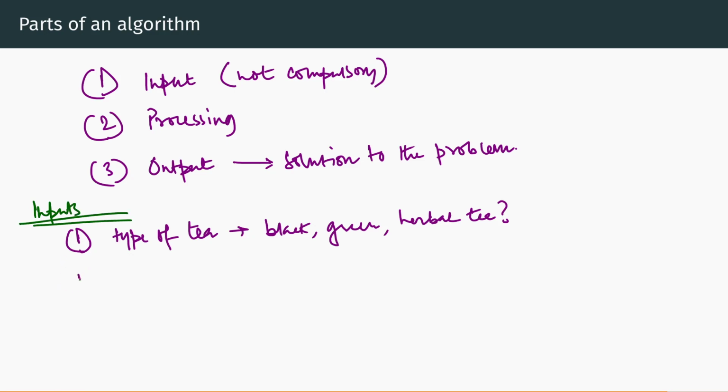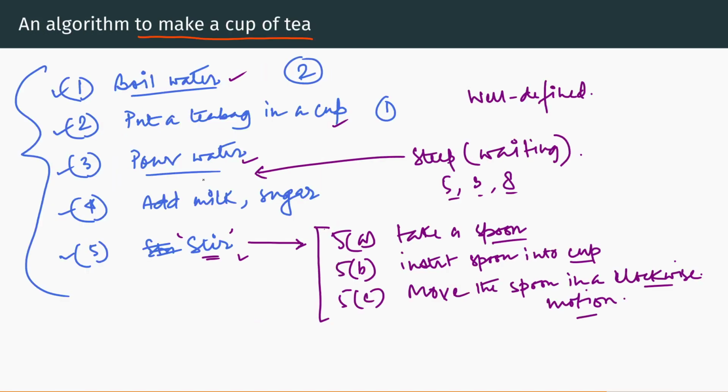The second one that you may have thought of, if not, it's completely okay. The second one may be the number of cups of tea that you want to make. So essentially, look at this. The algorithm essentially remains almost the same.